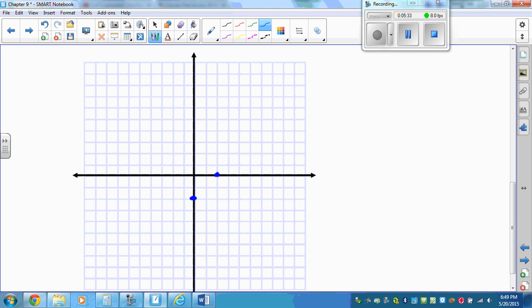But at 3 and 1, we have a discontinuity. We have an open circle. So it is a line. It looks just like the line x minus 2, so y-intercept of -2, a slope of 1, only we have this discontinuity. So make it really clear on yours that at 3 and 1, we have a discontinuity there.